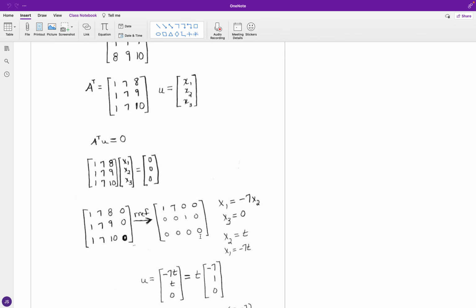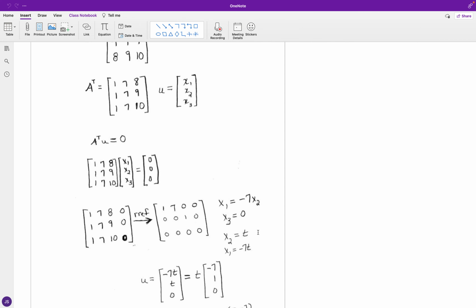Taking the top row, we have x of 1 plus 7x of 2 equal to 0, so x of 1 is equal to negative 7 times x sub 2. From the second row, x of 3 is equal to 0, and there's nothing among the rows that will have x sub 2 isolated. So x of 2 is a free variable, and we set x of 2 equal to t.